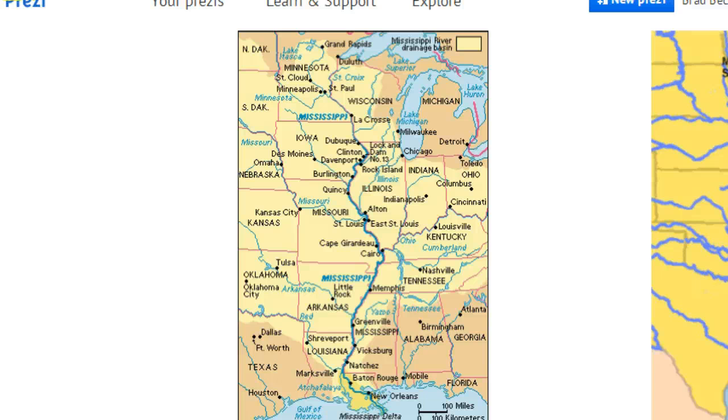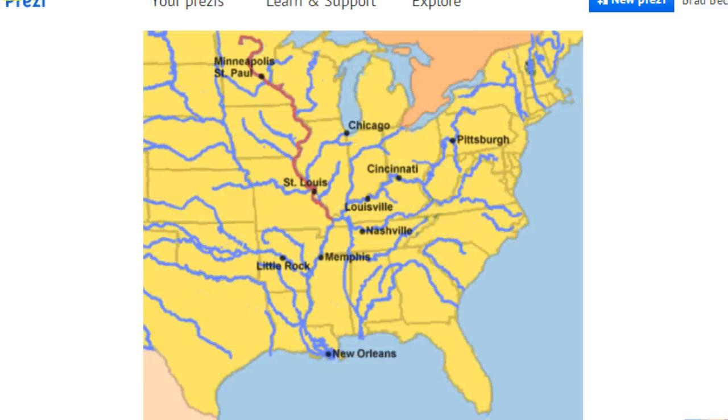And you'll notice that there are a number of rivers that flow into the Mississippi. This map gives us a better look at that fact. The Ohio River, the Tennessee River in the east, the Missouri River, which is a very large river system on its own in the west, along with some others, which allow for farmers to float their crops down to New Orleans on riverboats and then be transferred to ocean-going boats, where they would be taken, at least in colonial days and early American days, back to the markets along the East Coast.